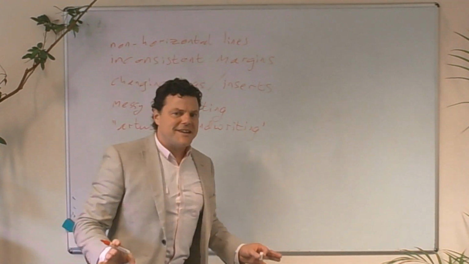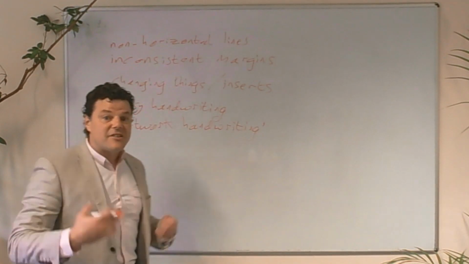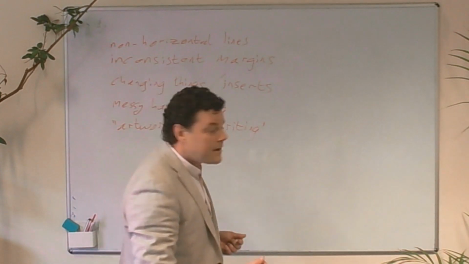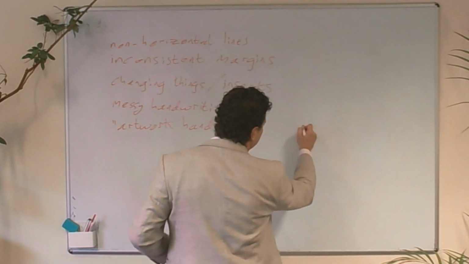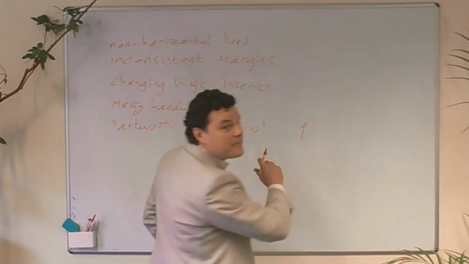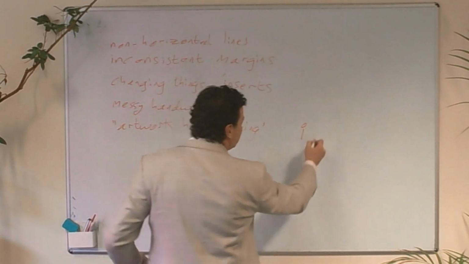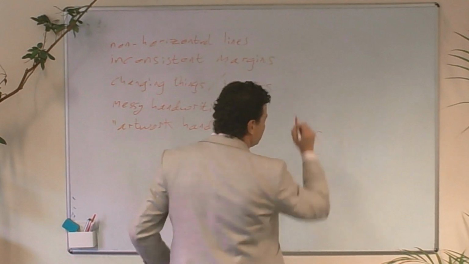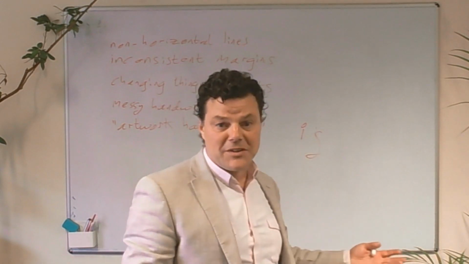artwork handwriting. Sometimes handwriting looks like a work of art, especially if you see that, or if the handwriting is really messy and then the J has all these swirls on it.